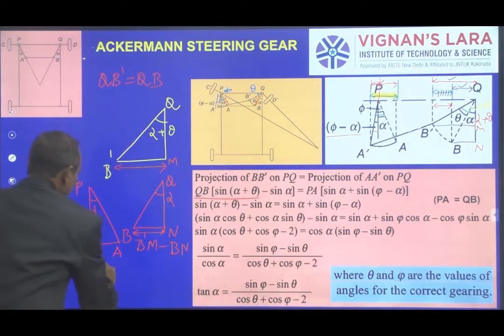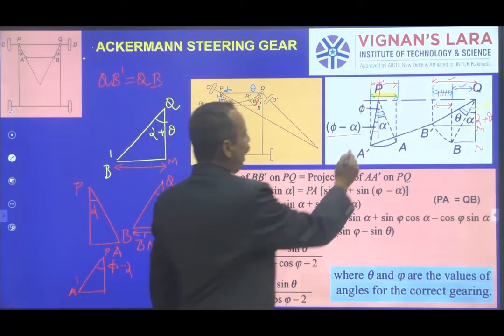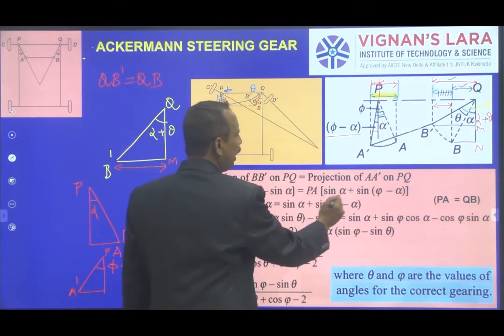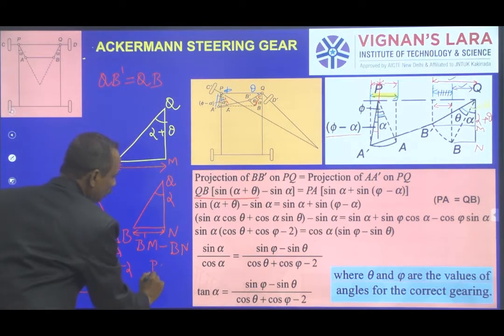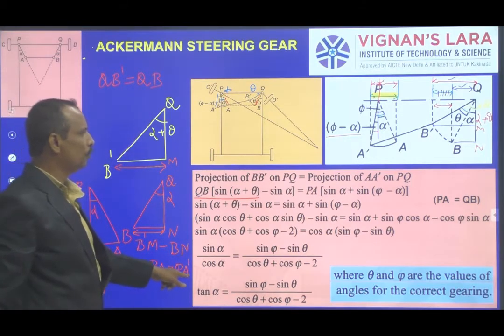So PA and PA dash are same. This is P and here this is A dash and this angle is phi minus alpha. Then this part, the projection is PA dash sine phi minus alpha, where PA is equal to PA dash, like QB is equal to QB dash.